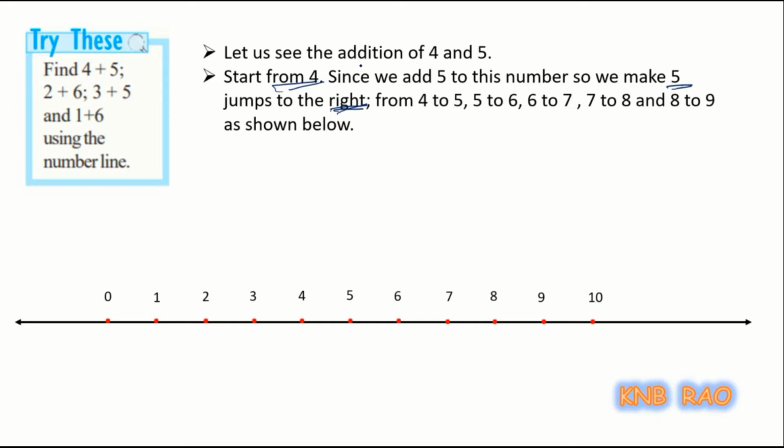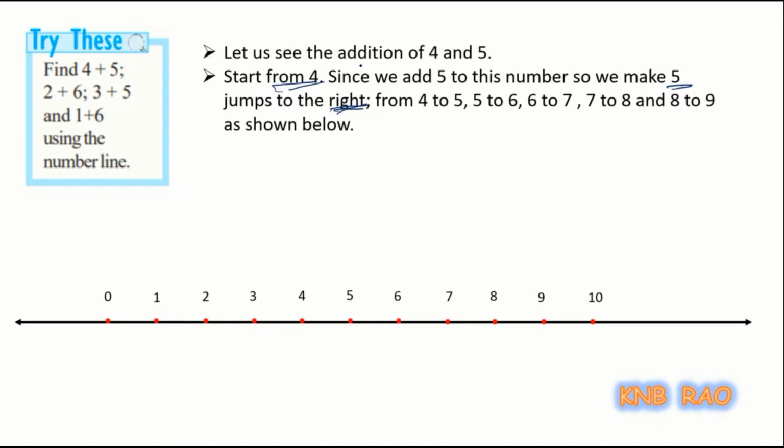Children, we have one of the addend giving us where to start, the other addend telling us how many jumps to be done. Since both the numbers are whole numbers and they are positive, so we will jump towards right.